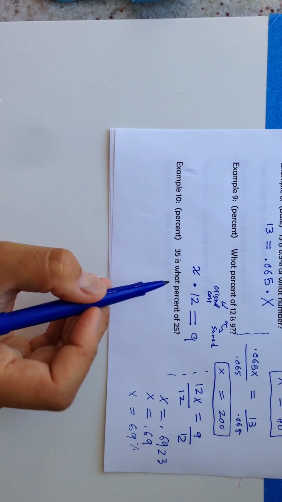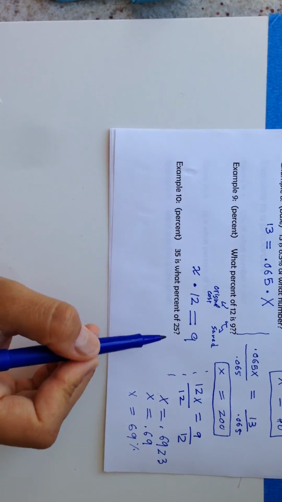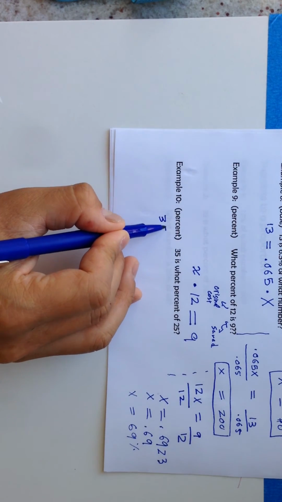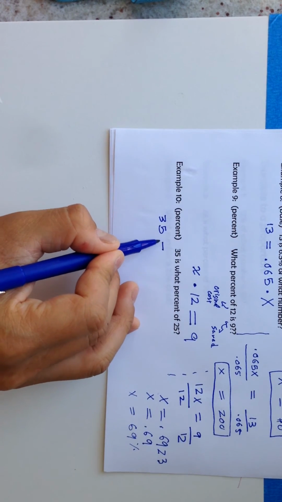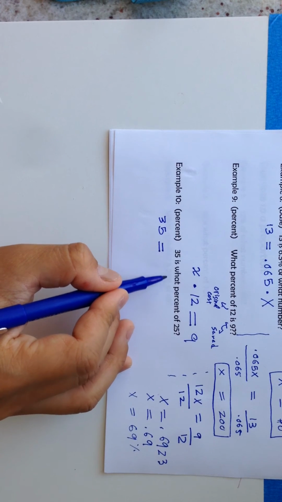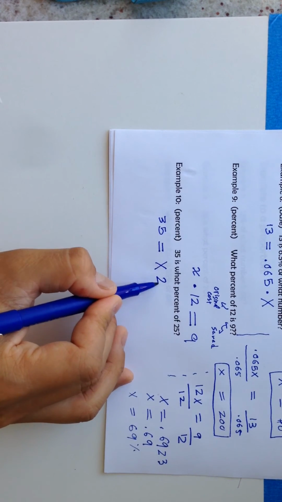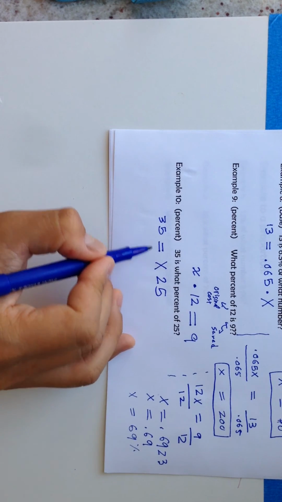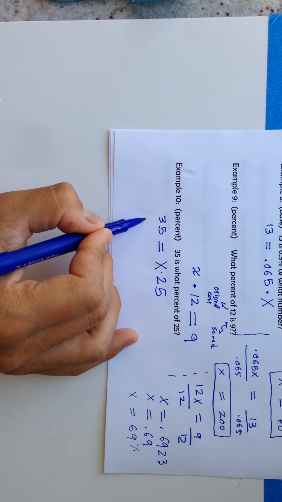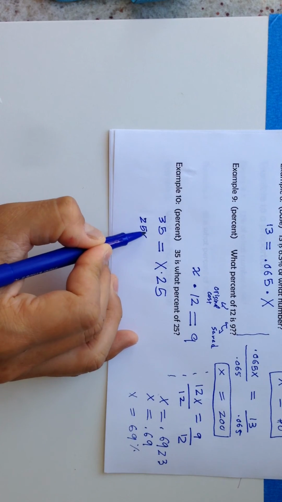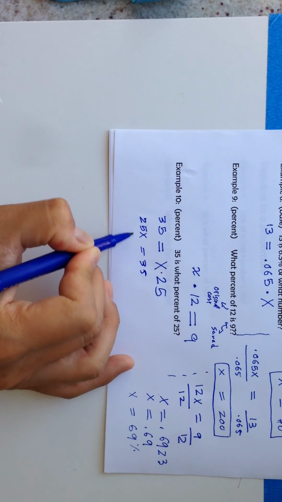All right, last problem. 35 is what percent of 25? So 35 is what percent of 25? Of means multiply. So write it correctly. 25x equals 35.